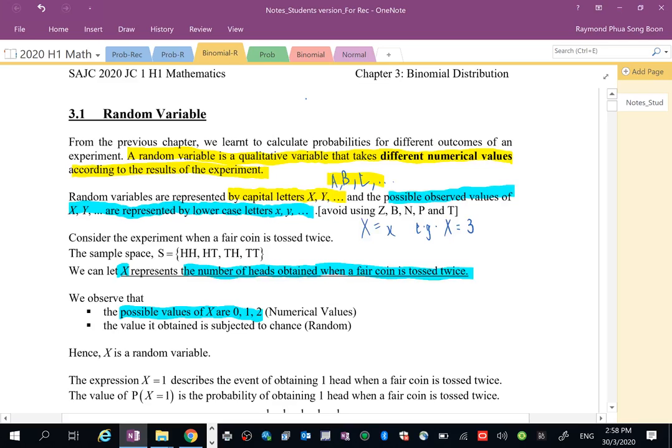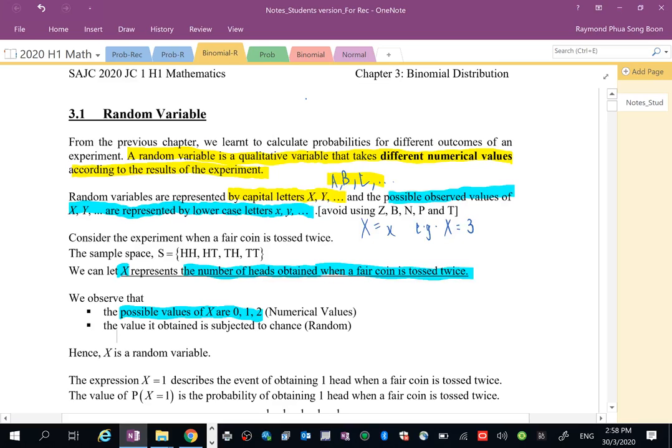We can obtain 0 heads, that means both tosses are tail, or 1 head, so it can be head tail or tail head, or we can obtain 2 heads, that means the outcome will be head head.